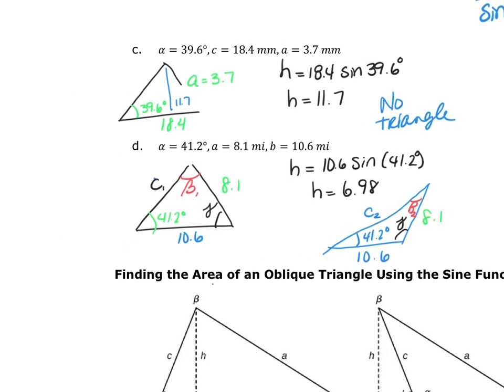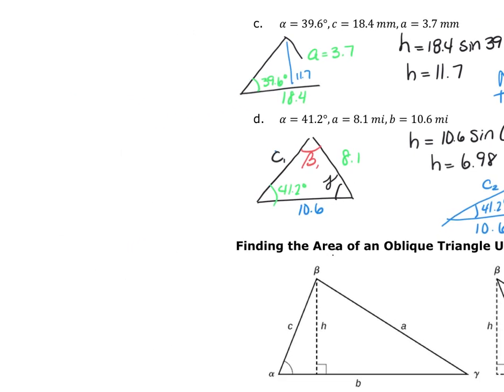Let's start with first this triangle right here. So starting with this information, I'm going to jump into the law of sines. I am chasing angles this time, and so I'm chasing first the beta, because the side that I have is B. And so in this case, I'm going to put my sines in the numerators. So I'm going to have the sine of beta over the given side B, which is 10.6.